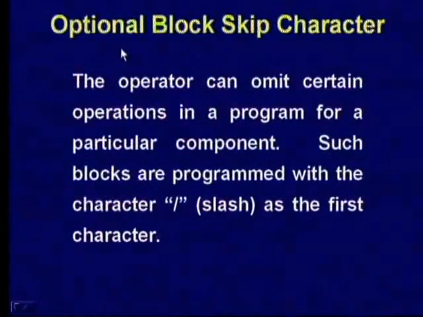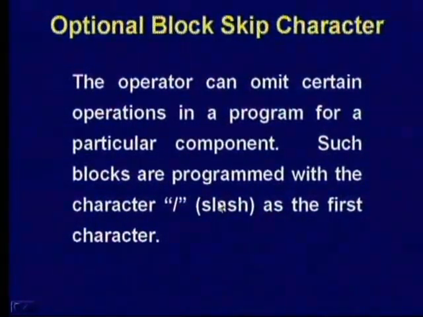Next is the optional block skip character. What is the role played by an optional block skip character? We already discussed it just now. Whenever you are developing a part program which contains 5 blocks, and you are producing another simple product that needs to perform only 4 blocks of this part program, whatever block you want to skip in execution, you can use the optional block skip character.